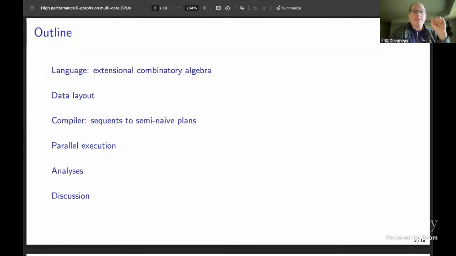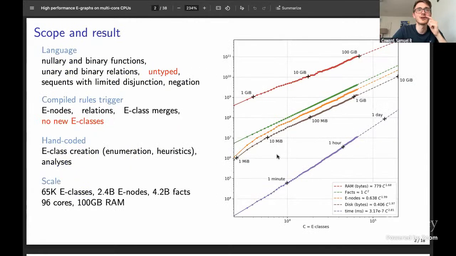Fritz, can I jump in? The no new e-classes thing, what does that really mean? I didn't follow that statement. Okay, so I have some software that has an eGraph representation and an equality saturation engine.